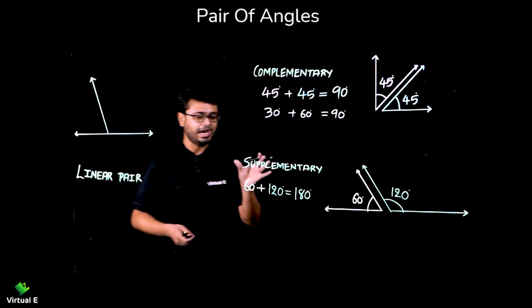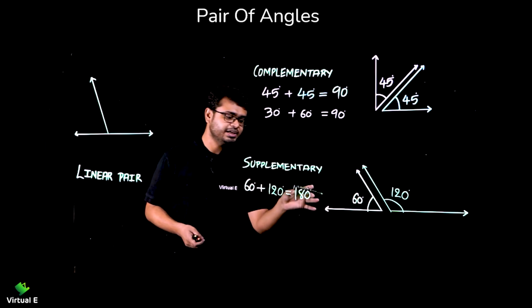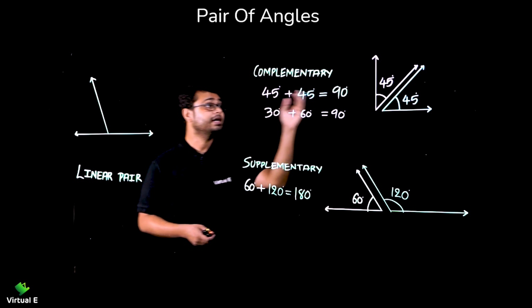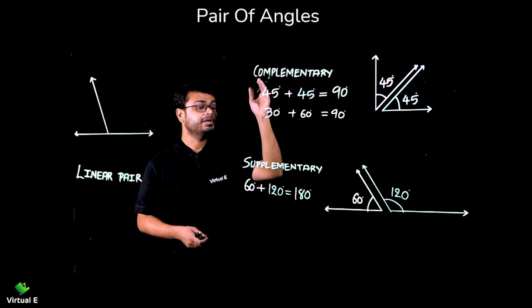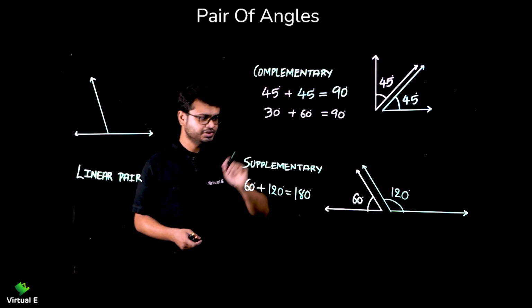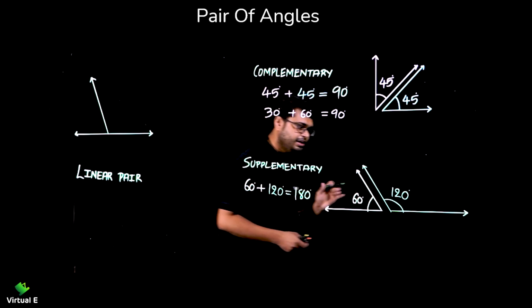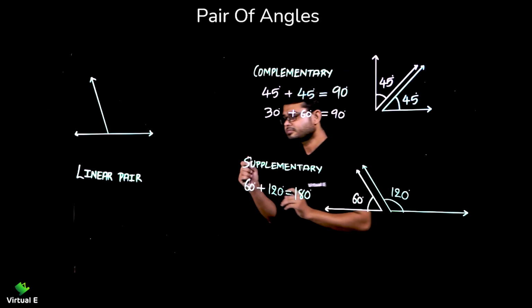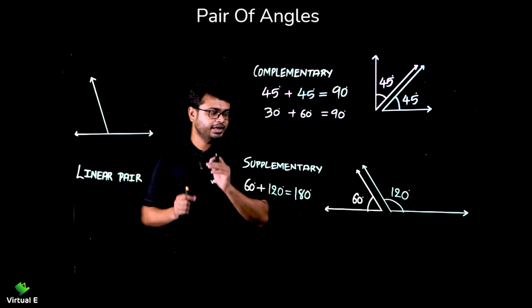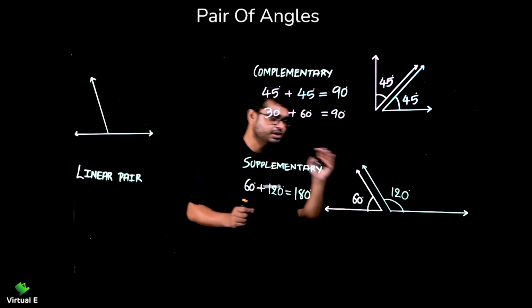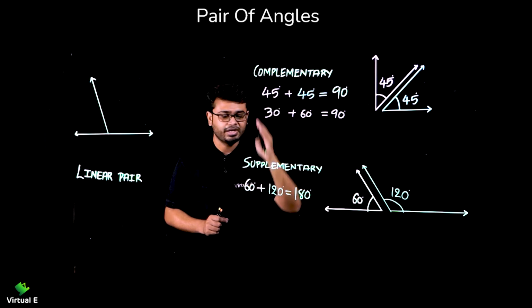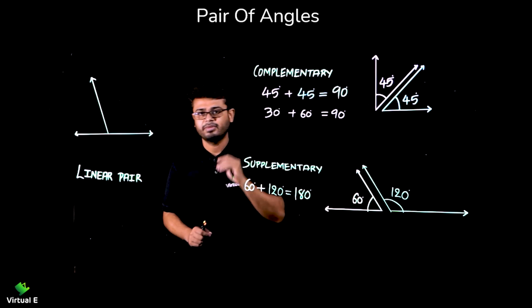So if we add two angles and we get 180 degree as the answer, that is called supplementary angle. 90 degree for complementary and 180 degree for supplementary angles. Again, the same observation, those angles need not be adjacent angles. They can be separate angles, right? That is supplementary angle. 90 degree complementary, 180 degree supplementary.